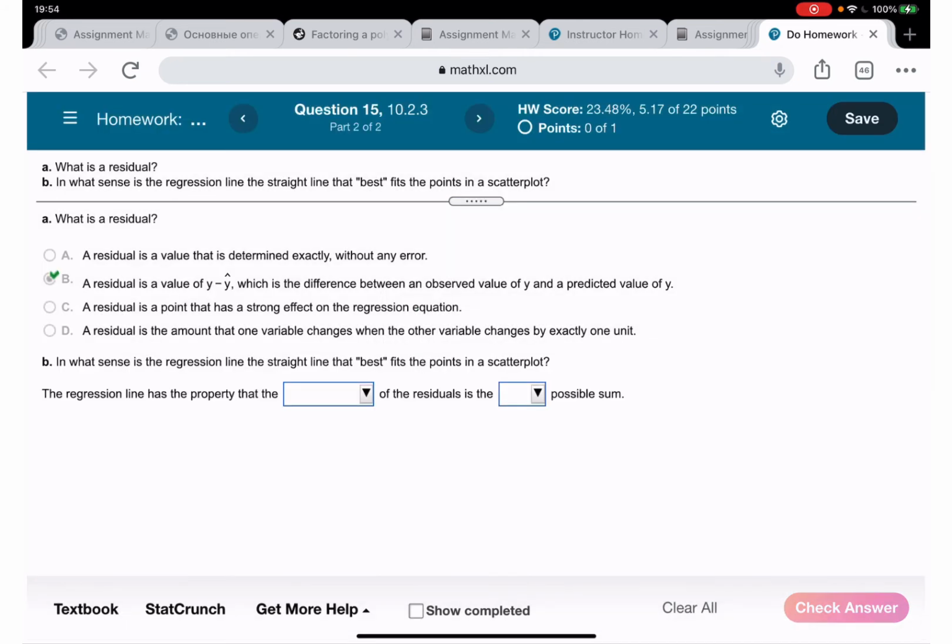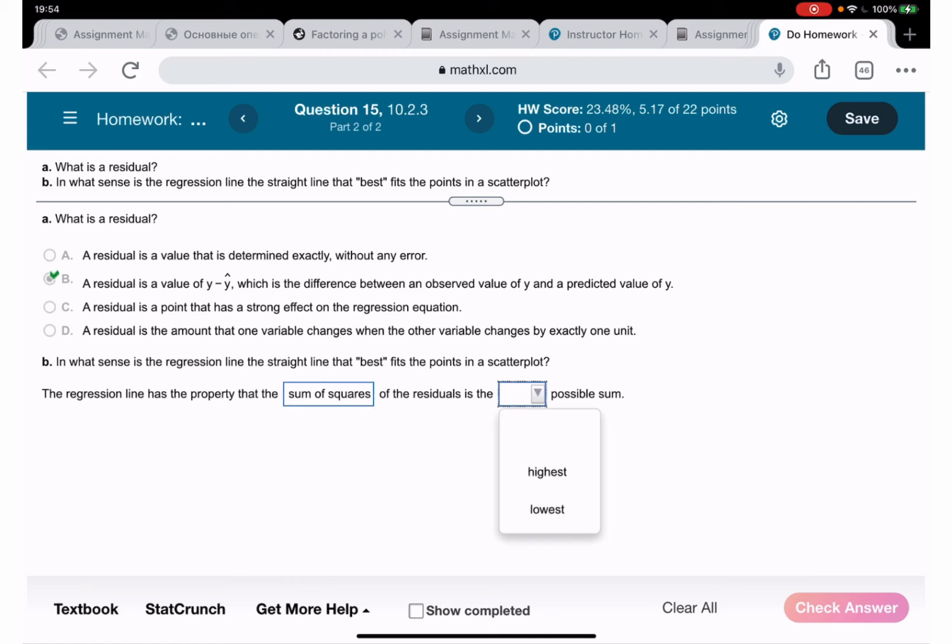And the second question, in what sense is the regression line the straight line that best fits the points in a scatter plot? The regression line has the property that the sum of squares of the residuals is the lowest possible sum.